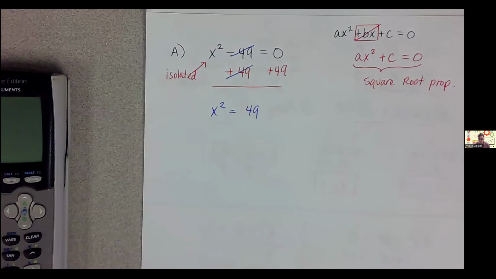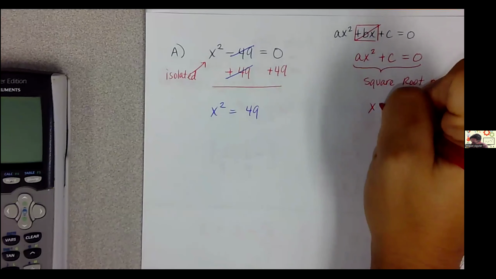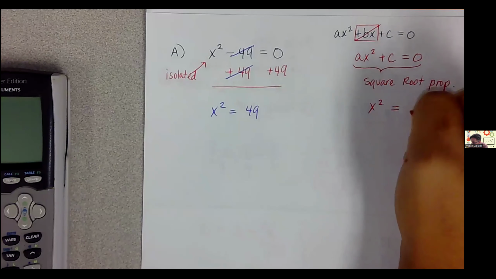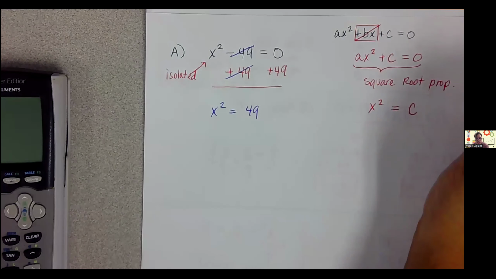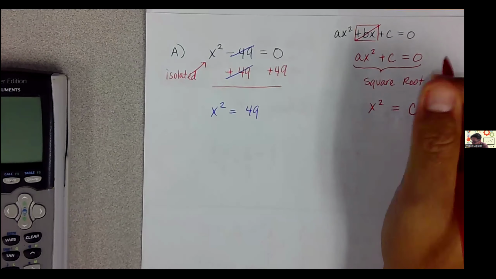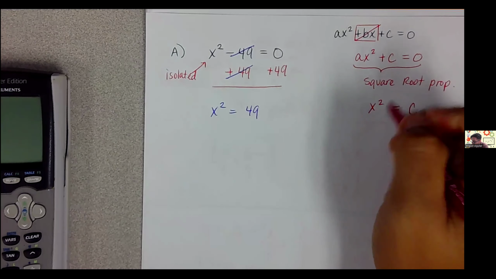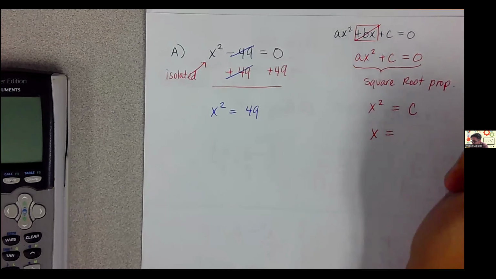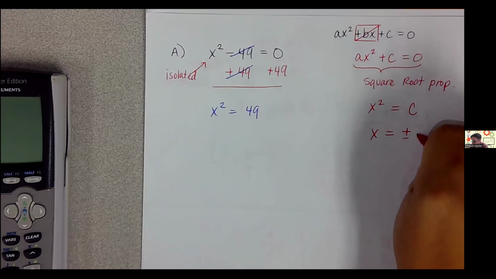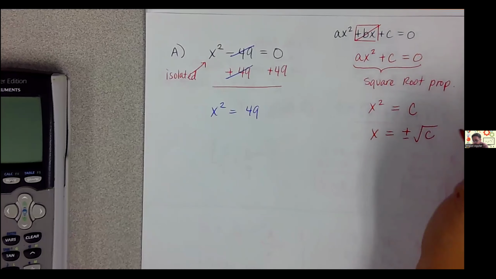Okay. Then the square root property says if I have x squared is equal to c, some constant, then I know by taking the square root of both sides, x is equal to plus or minus the square root of c, whatever the square root of c happens to be.